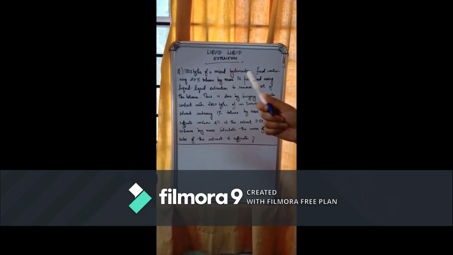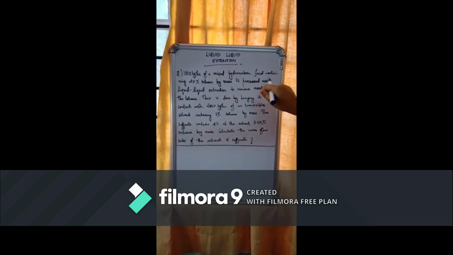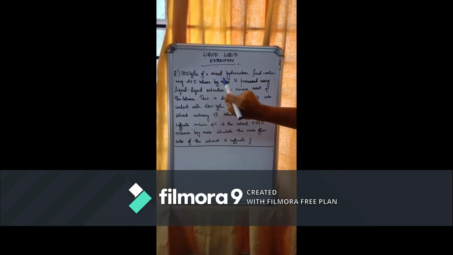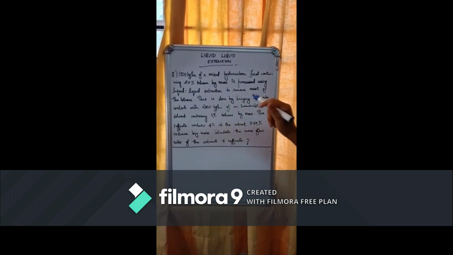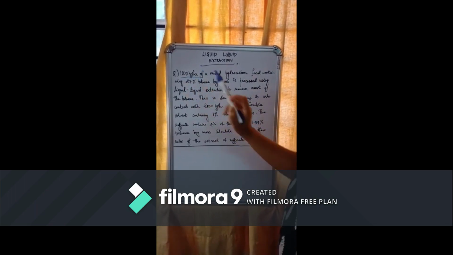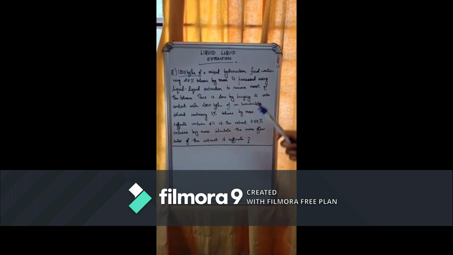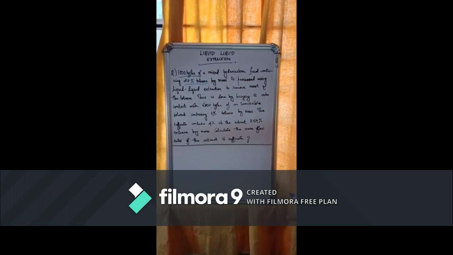Let's look at a sample question. In this question, 1000 kilograms per hour of a mixed hydrocarbon feed containing 27% toluene by mass is processed using liquid-liquid extraction to remove most of the toluene. So the first clue is 1000 kilogram per hour is the mass flow rate in of mixed hydrocarbon feed, and 27% of this feed is toluene.